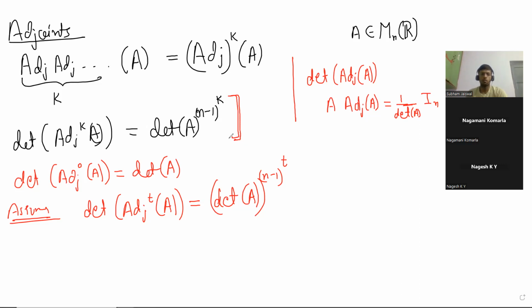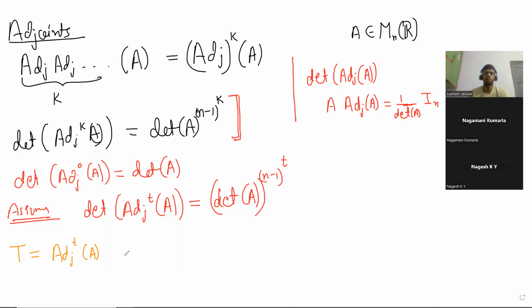Since we assume it's true for some t, just for ease of notation, we can have capital T equal to the adjoint to the power t of A. I'm just calling it a matrix. From the induction hypothesis, we keep that aside for now.